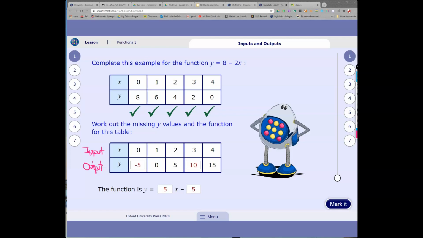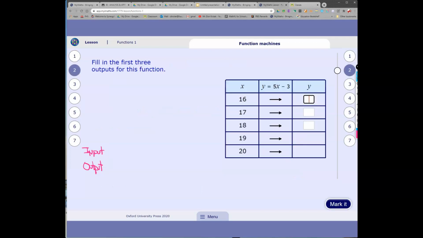All right, the rule was take the input, multiply it by 5, and subtract 3 from the result, and that would give you the corresponding output. All right, using what we just talked about, inputs and outputs, we're going to fill in these values here. So to get your y value, you're taking 16, multiplying it by 5, and taking away 3.